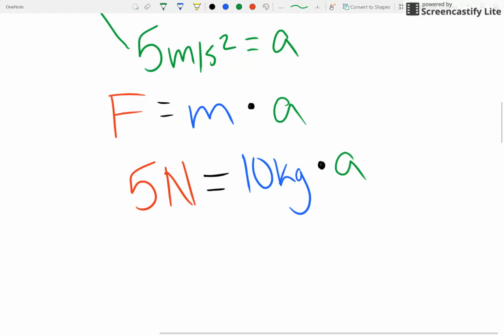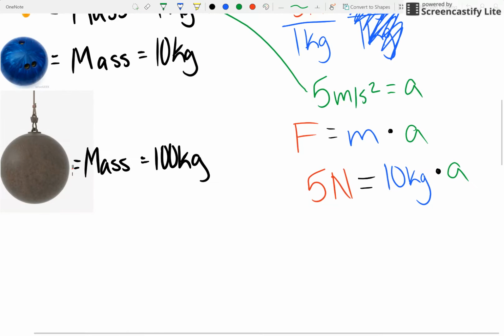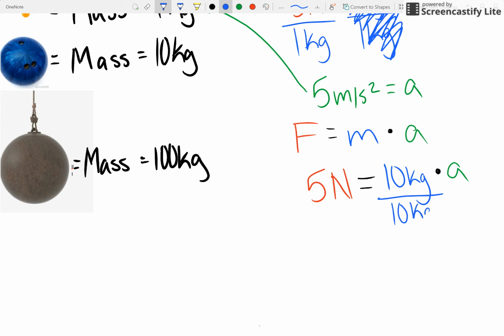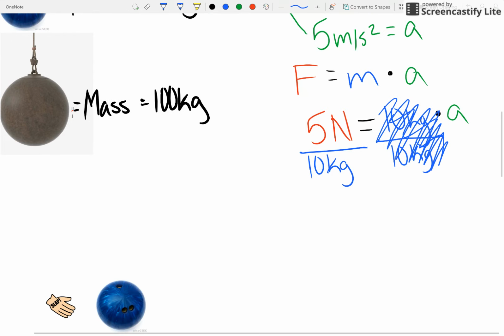We have one thing that we're looking for, and that's that a. Just using simple algebra, what I can do is take 10, divide it on this side. Everything I do on one side of an equal sign, I've got to do on the other. 10 divided by 10 is 1, so it cancels out, leaving my a alone.